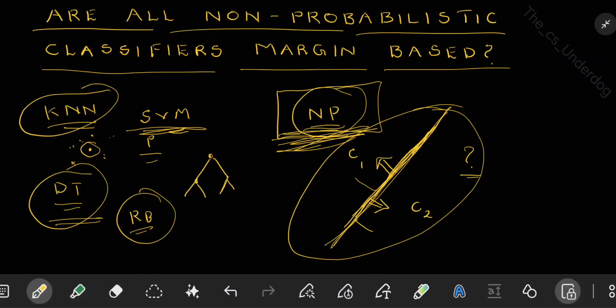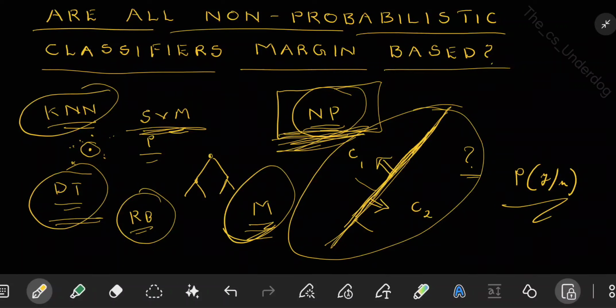So what you have to understand is that every single margin based classifier is non-probabilistic for sure. If it is margin based, it is non-probabilistic because it doesn't need to specifically find out P of y given x. It is directly deciding based on the margin, so it cannot be probabilistic.